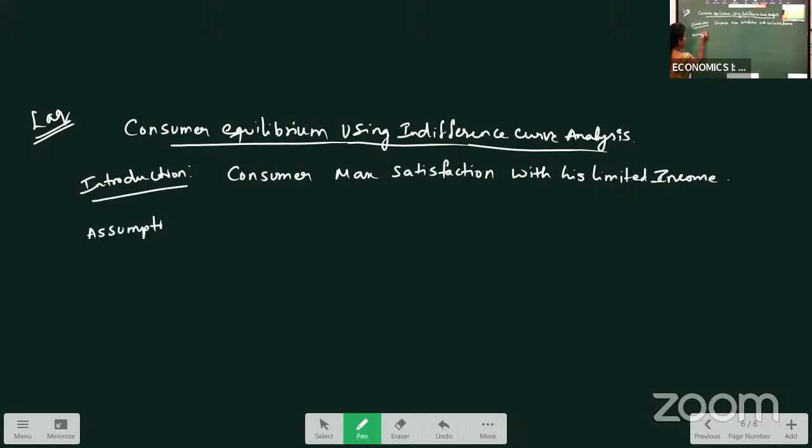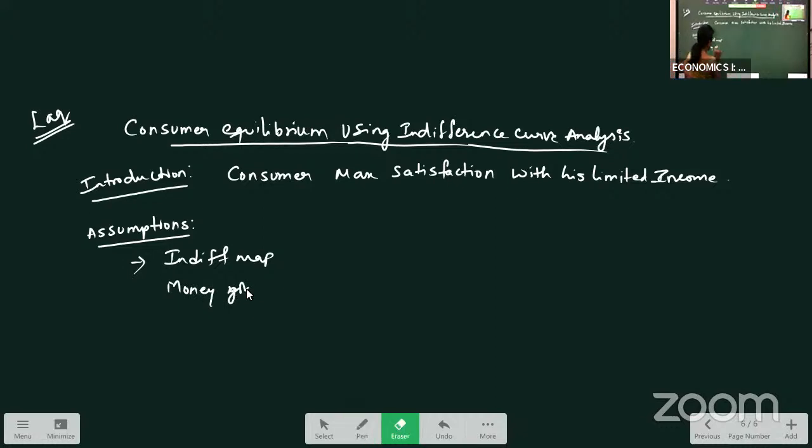What are the assumptions over here? The assumption is that the consumer has an indifference map. The consumer's indifference map is based on the scale of preference, and money income is given and is constant.